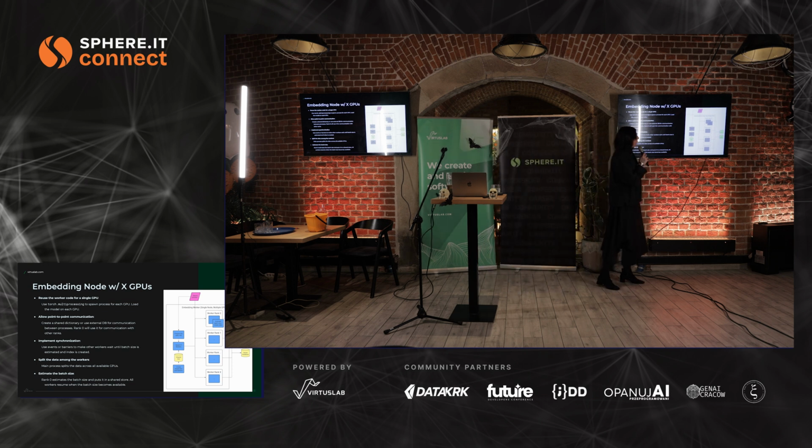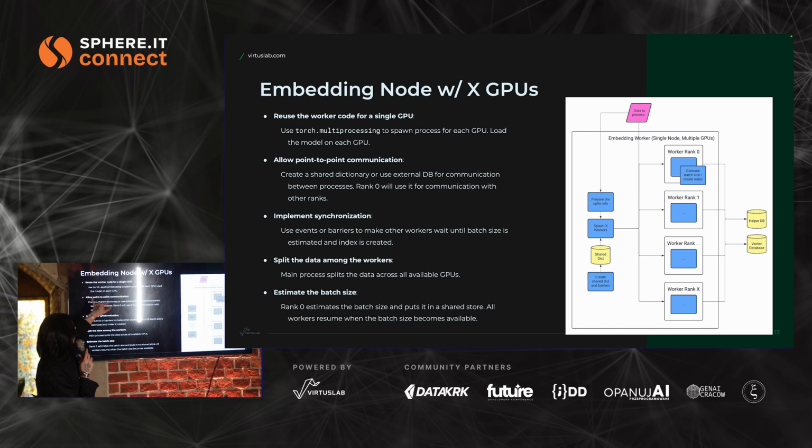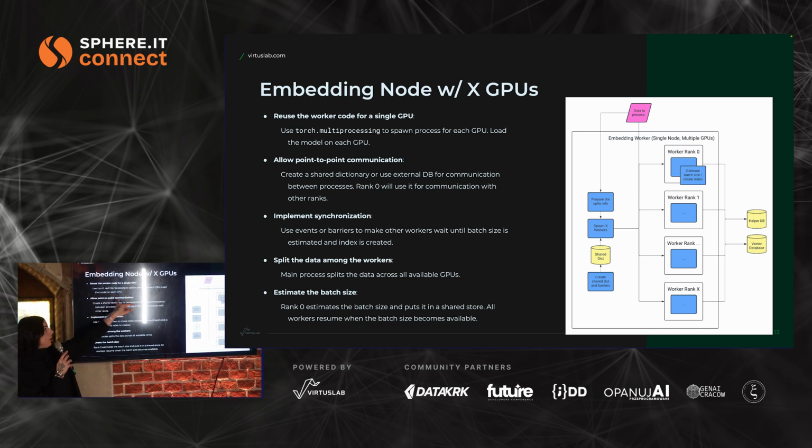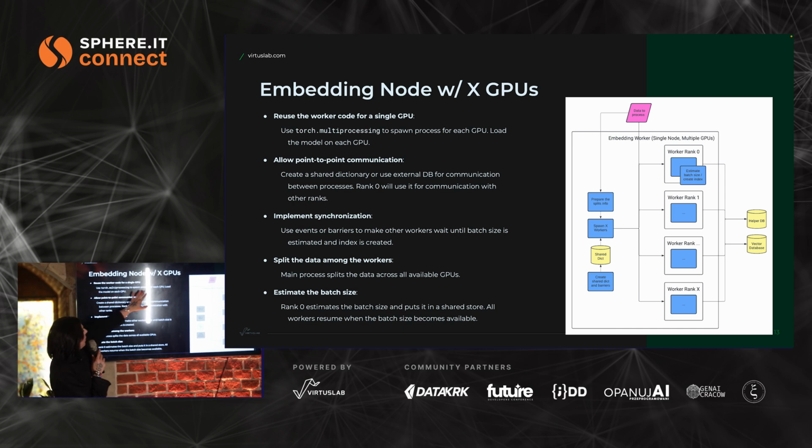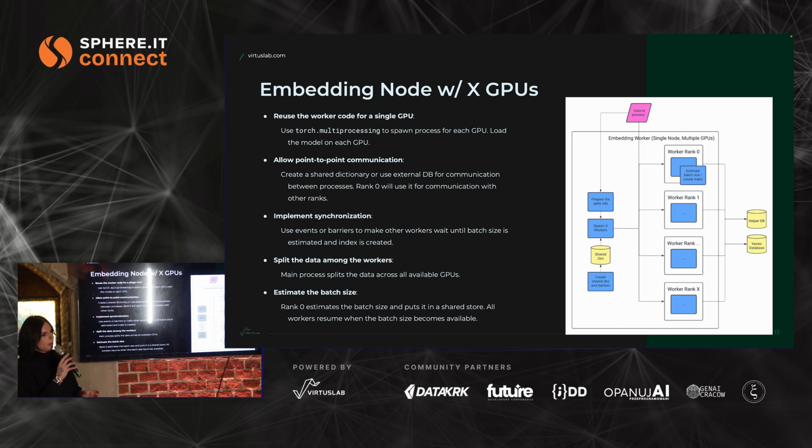Okay, now we add more GPUs to our one node setup. And basically, we can reuse the worker code for a single GPU and spawn multiple processes for each GPU and load the model on each GPU. This is sort of similar to DDP in PyTorch.